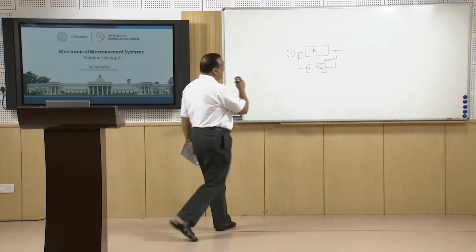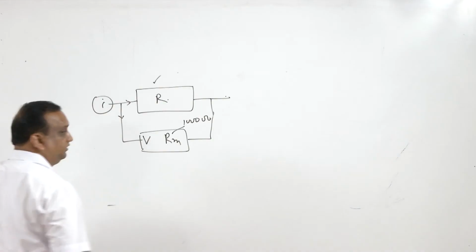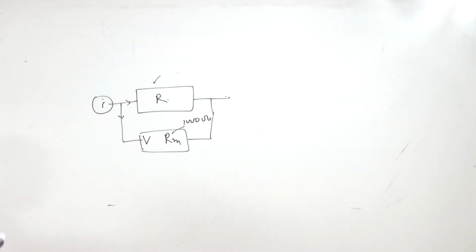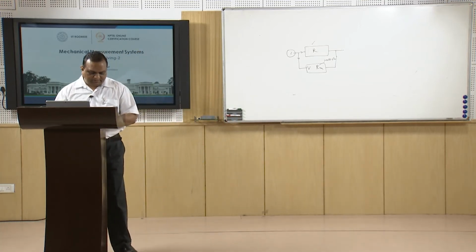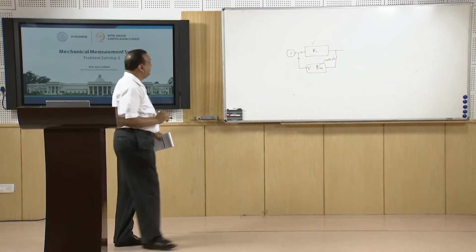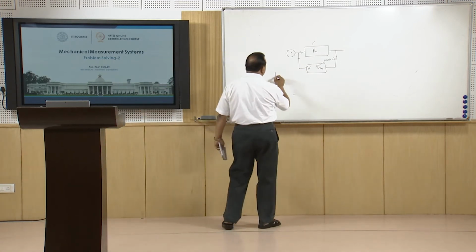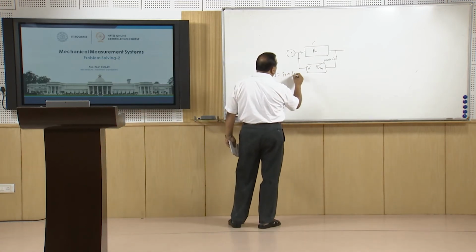So how much power is dissipated in R? Let us say that the current is split in two parts, I is equal to I1 plus I2.